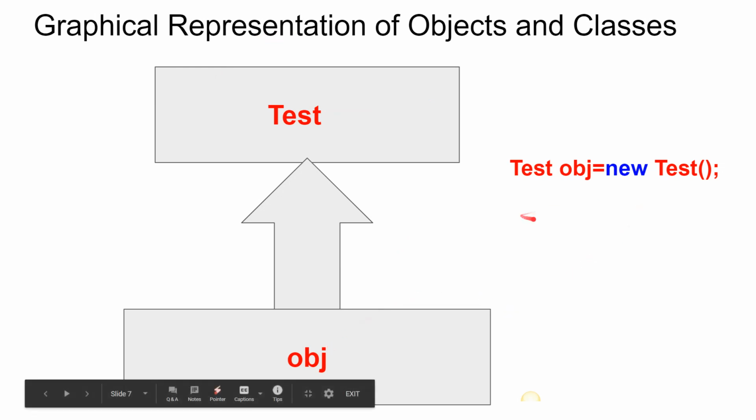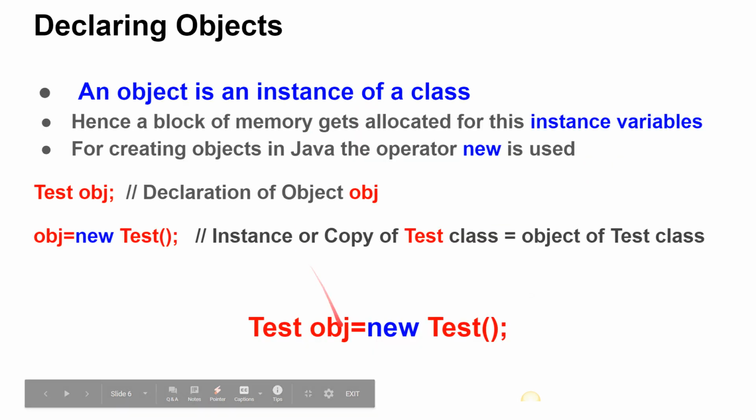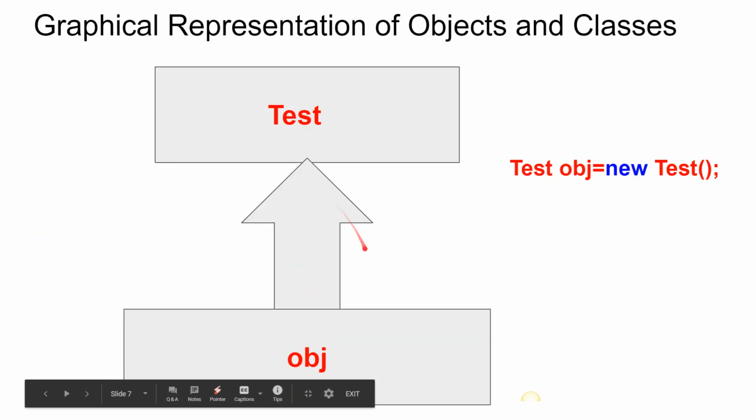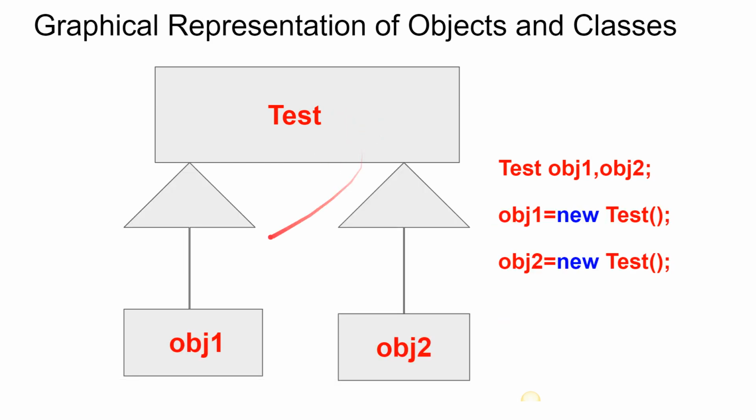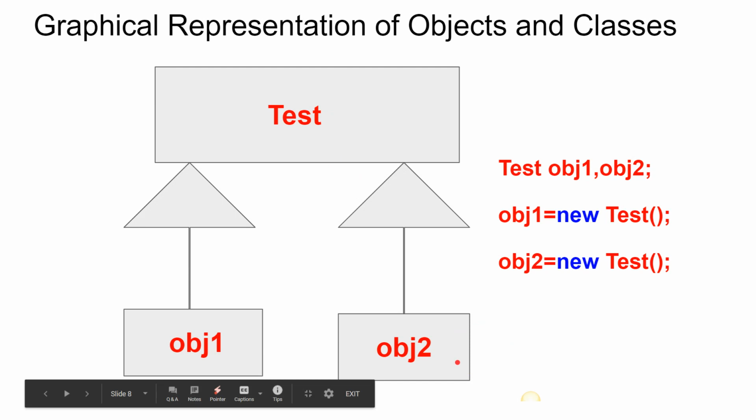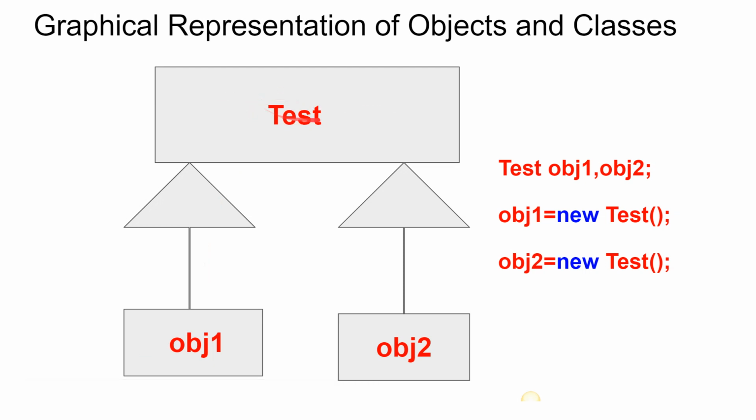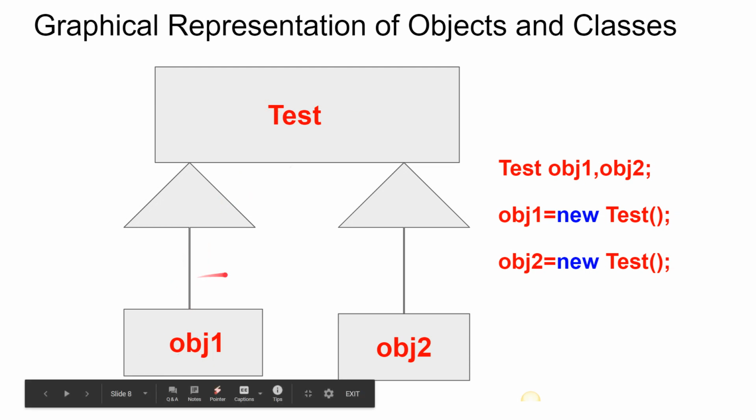In this case we have created only one object, obj. But this class has two objects, obj1 and obj2. I have three variables in the Test class, num1, num2 and num3, and in these objects we can give different values to num1, num2 and num3.